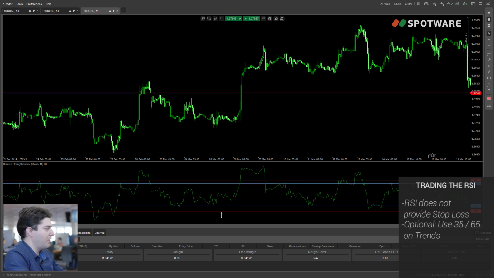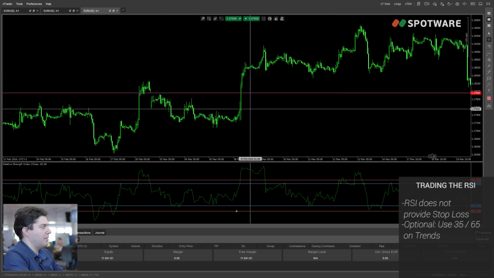I'm not going to explain why now, with the formula. I'm just going to tell you, use the level 35 instead of 30, and you're going to get your signals. Like here, you see, and here we have another signal, and here we have another signal. It never reaches level 30 in a trend.